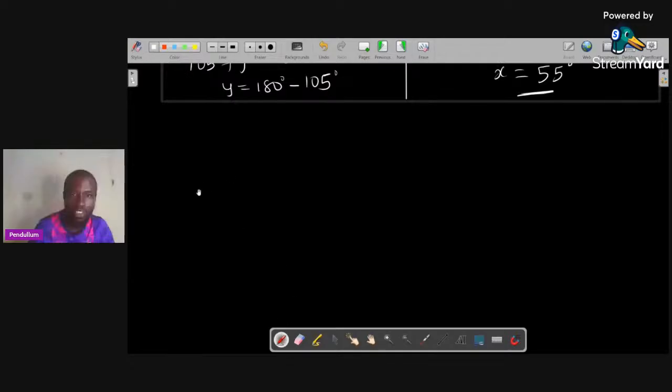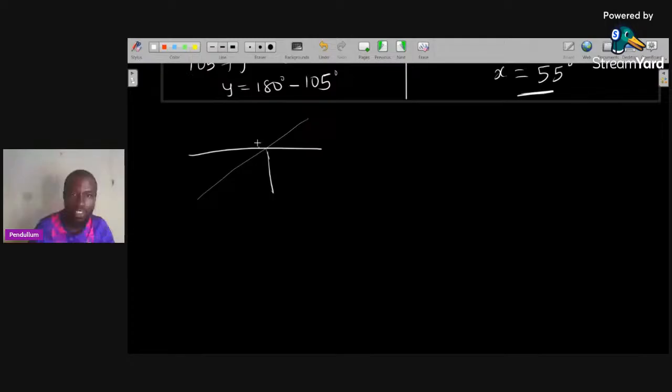Now remember that you were given something like this. There's another line like this, then one like this. Good. And we found this was 105, with points C, D, A, B, F. This side we found to be 75 degrees, this side 55 degrees.